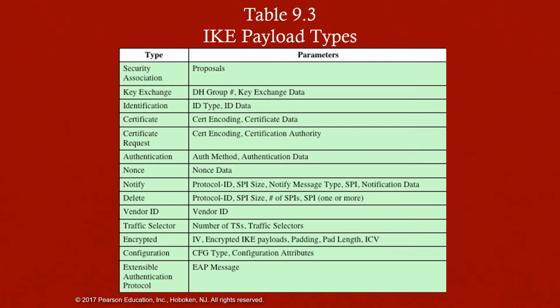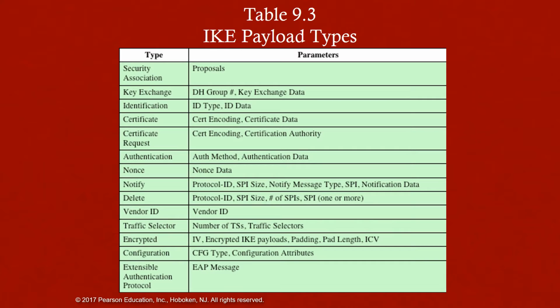Proposal. This substructure includes a proposal number, a protocol ID, for example AH, ESP, or IKE, an indicator of the number of transforms, and then a transform substructure. If more than one protocol is to be included in a proposal, then there is a subsequent proposal substructure with the same proposal number.